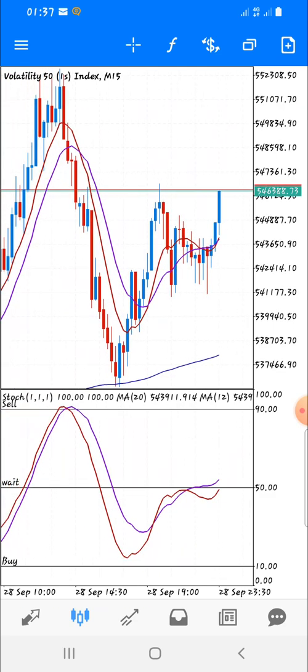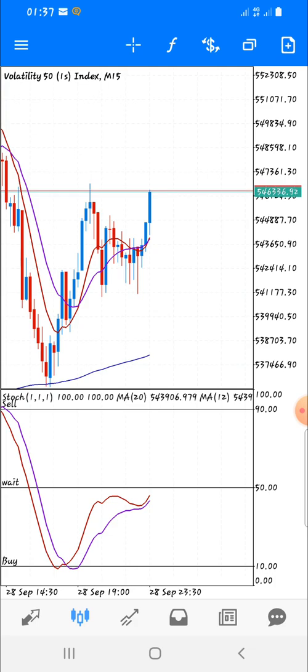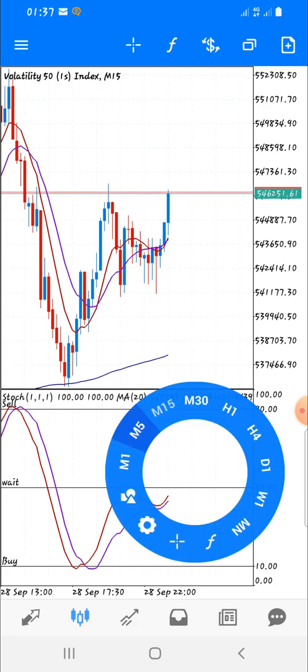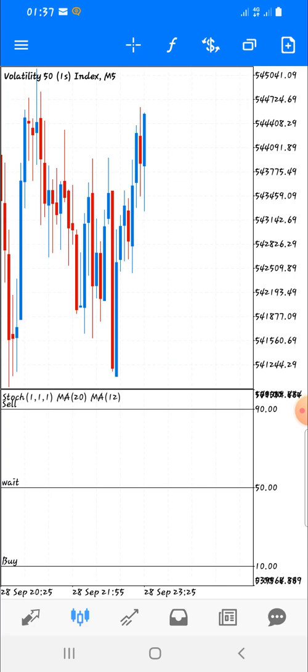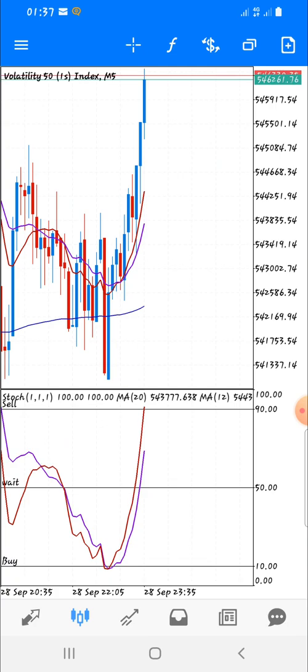You see the impulse, the corrective. The impulse is smaller in this case, and the corrective, we're expecting a very long impulse. You then go to the 5 minutes time frame. You see, you won't make any mistake if you know the 3 levels of the market.